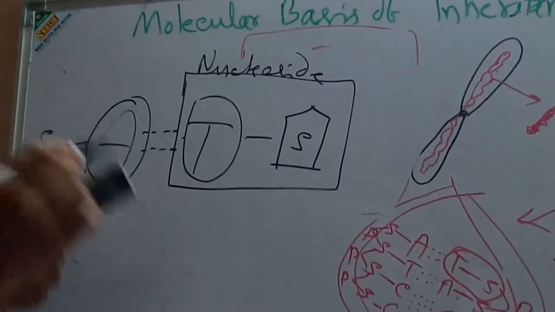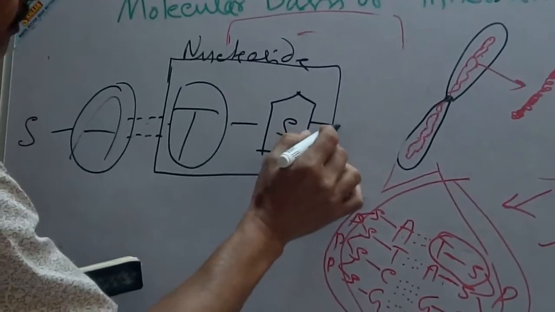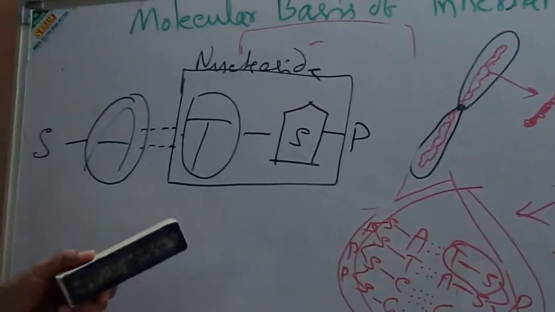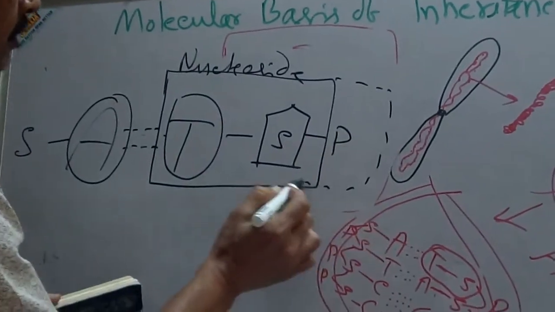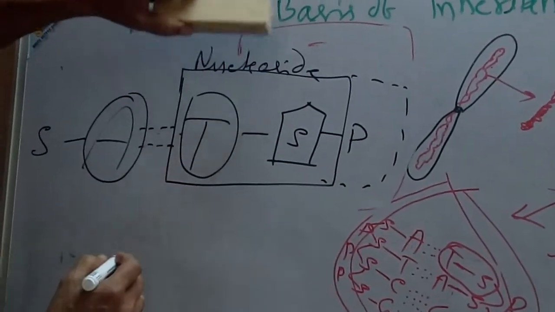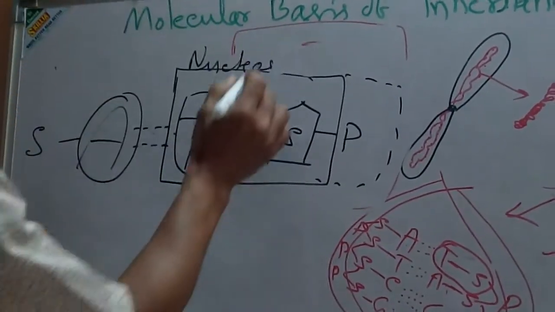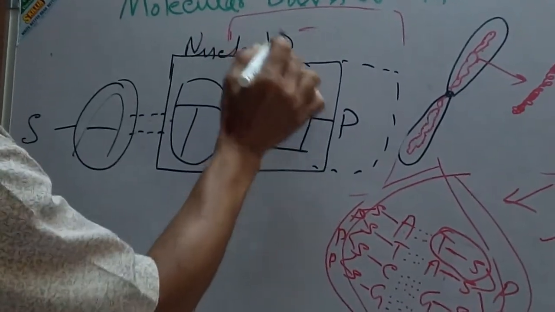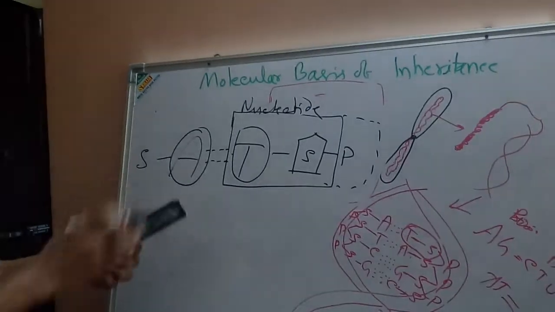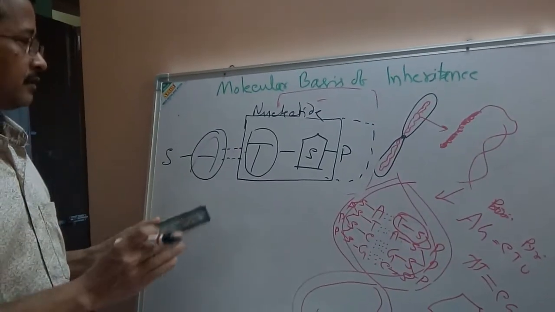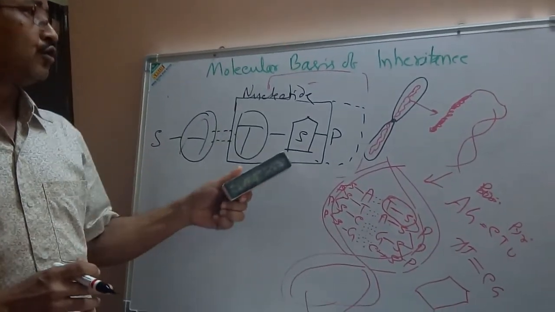When phosphorus, that means P, is joined with them, then it is called a nucleotide. So that is the basic difference between nucleoside and nucleotide. In a nucleoside there is no phosphorus.